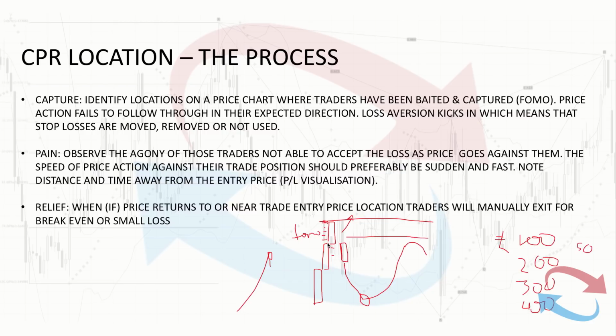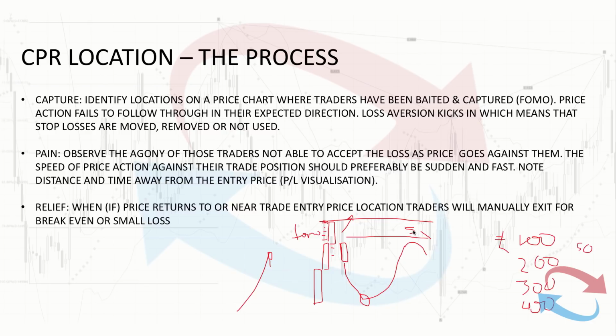So as traders bought here, they have to manually exit, and if they buy, the opposite transaction must occur. They need to sell to get out, and if they sell, right, that's going to induce supply. So supply is going to come into the market, and we're also going to sell, right?